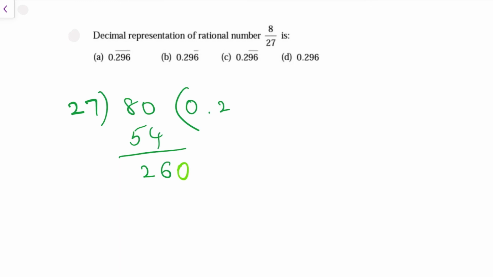Now 27 table 260, 10s won't come anyway, so I will check 9s. 27 9s are 243. So 260 minus 243 is 17. Again 17 won't come in the 27 table, but the decimal is already there, so we can write one more 0 here.